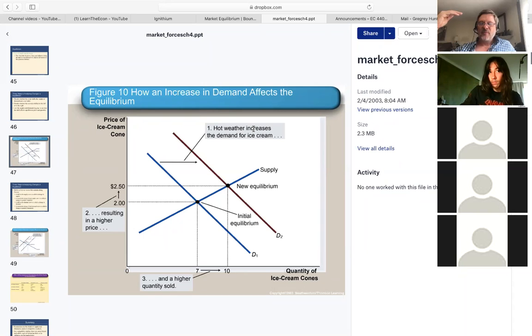Probably not, right? And a complement is something that would go with ice cream, like cones. It's ice cream cone, right? So, did we change the price of cones? No, we didn't do that. And so, the next category is tastes. Did something about the consumer's tastes change because of the hot weather, you think?